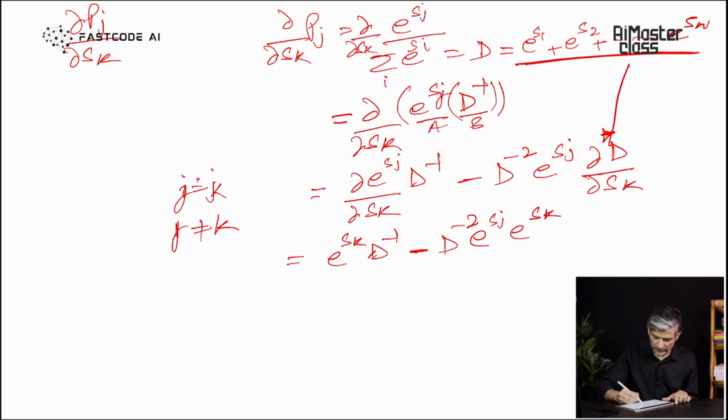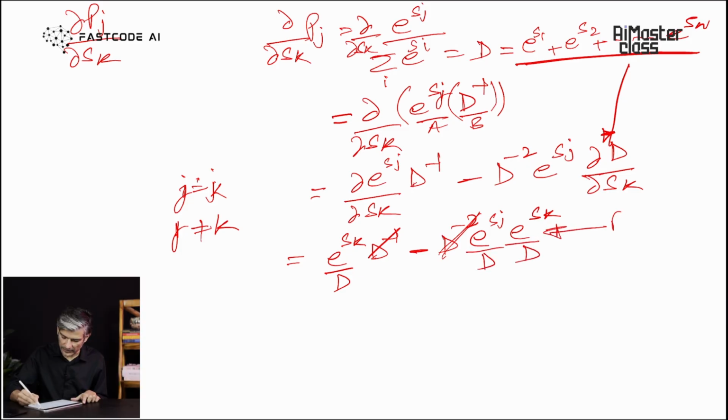So instead of this, we can put it here, and instead of these two here, we can put 1 upon d here and 1 upon d here, and remember, this is nothing but pk, this is nothing but pj, and this is nothing but pk, right?